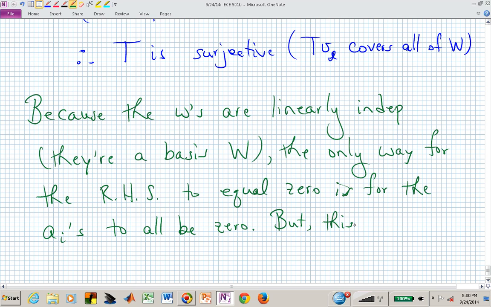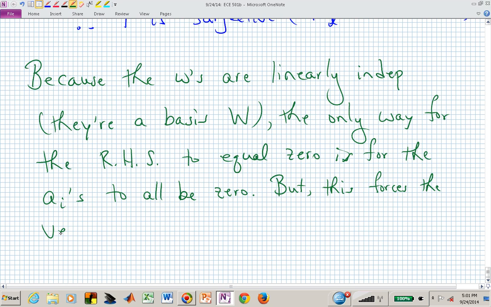But if all the a sub i's are 0, that actually forces the vector in our domain v to be 0 as well.